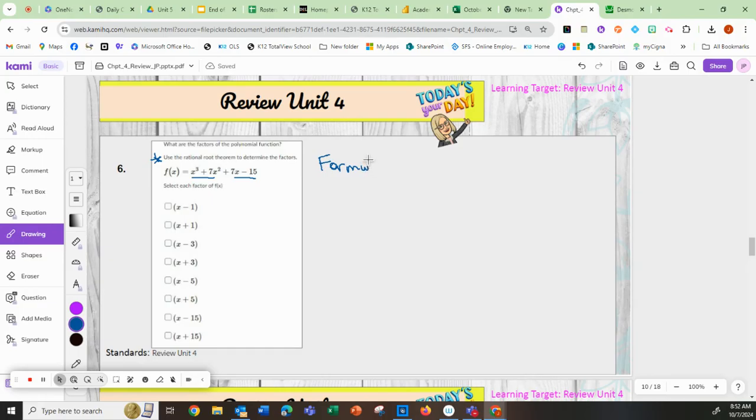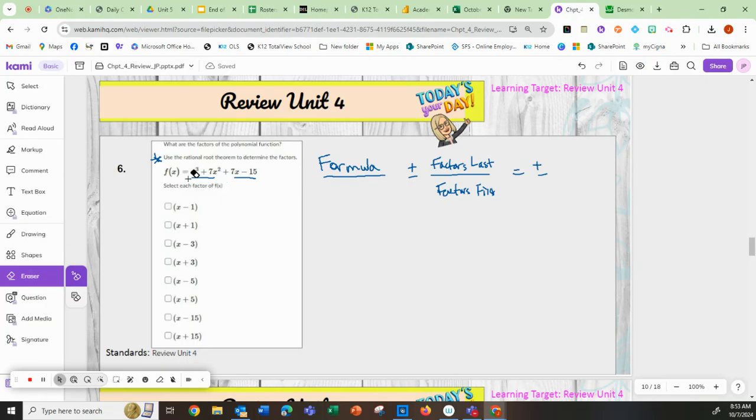The formula for the possible rational roots is plus or minus: you take the factors of your last term and divide those by the factors of your first term. So that's going to look like this for this problem. Negative 15, let me erase this.